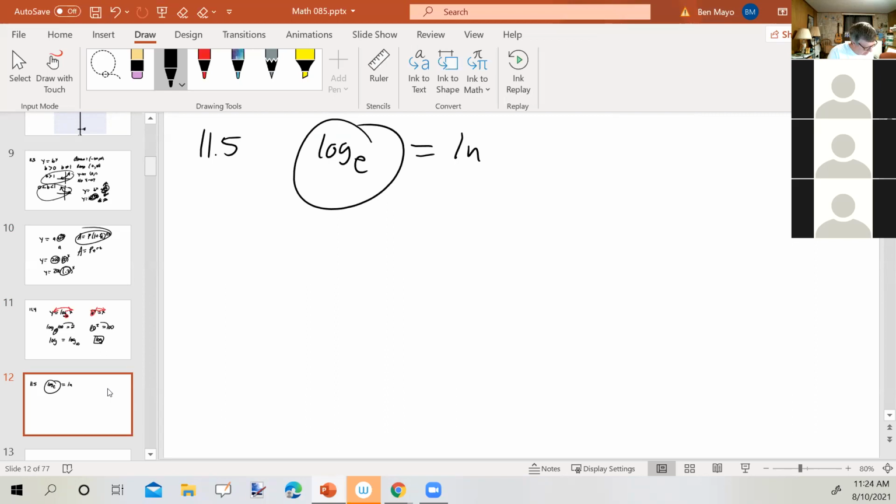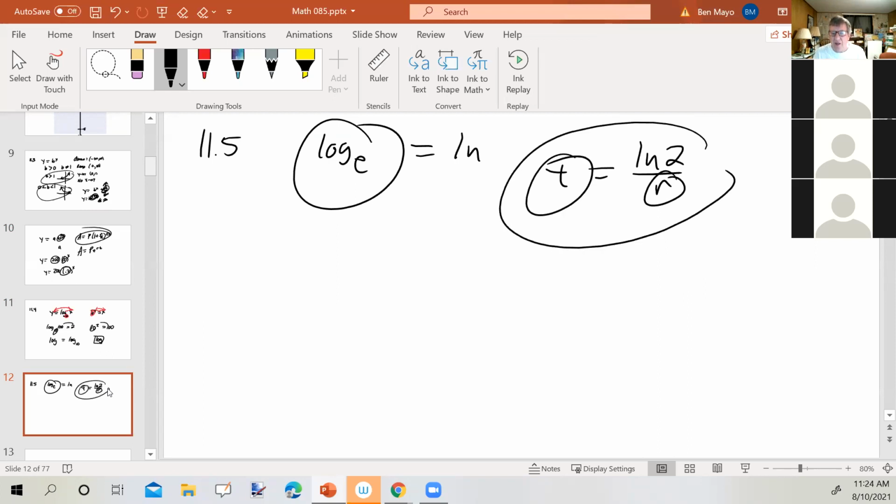We also had a doubling formula. T equals the natural log of 2 over r. So if you've got something that's growing continuously and you know its growth rate, you can use this formula to find out the time, how long it takes for it to double. You can also do it using this. It just takes longer.